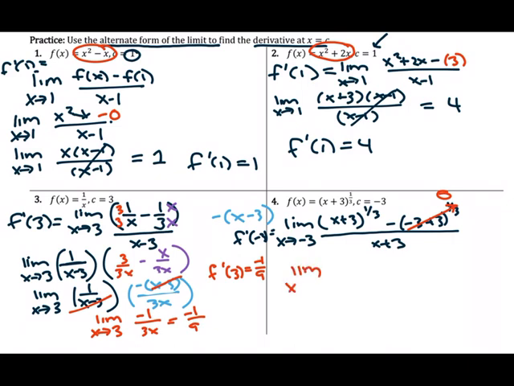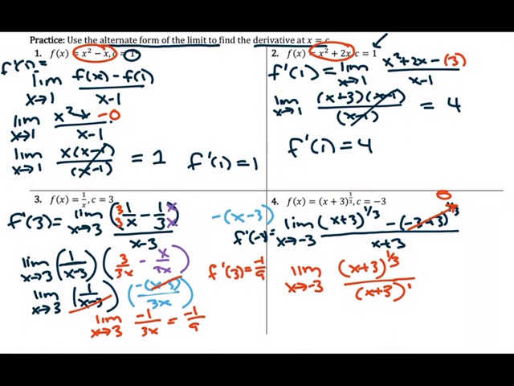So now we have the limit as x approaches negative 3 of (x plus 3) to the power of 1/3 over x plus 3. So we're going to use a little bit of algebra here. I'm going to put a 1 here for the power of 1. These exponential pieces have the same base. The base is x plus 3.